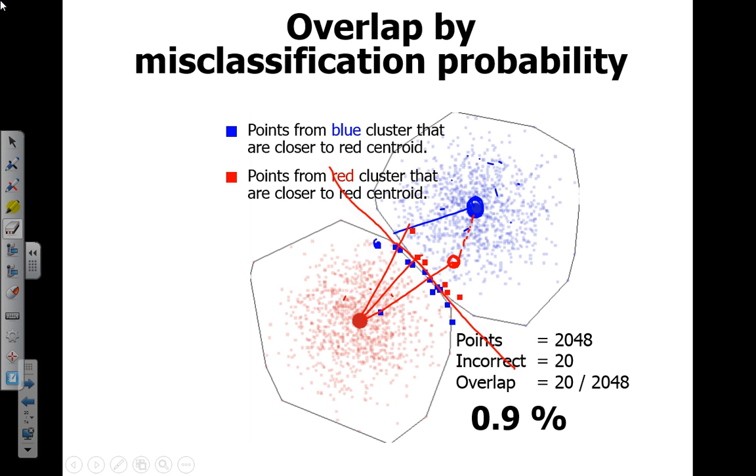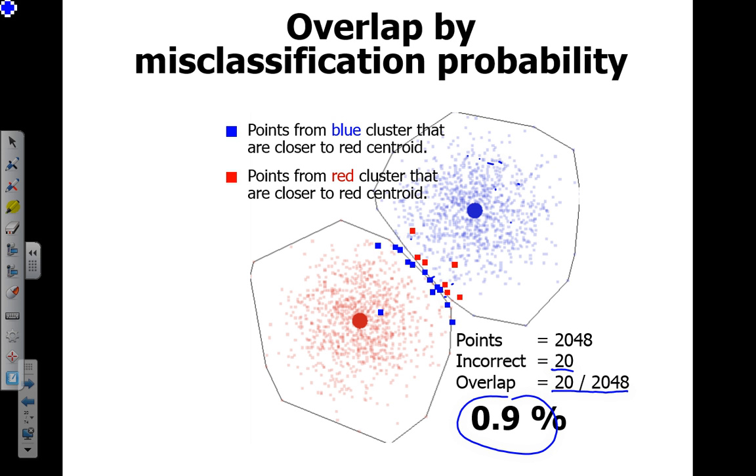All of these wrongly classified points are marked here with a bigger color. Calculating these, we get that 20 points out of 2048 are misclassified, which means about 1% of the points. So the overlap, according to this misclassification, is given.